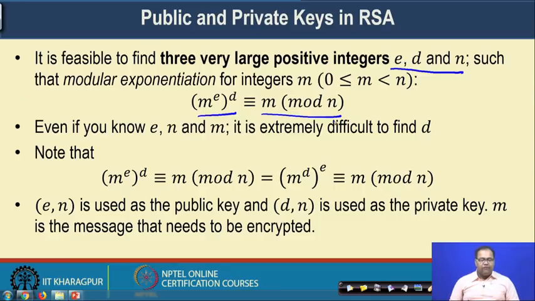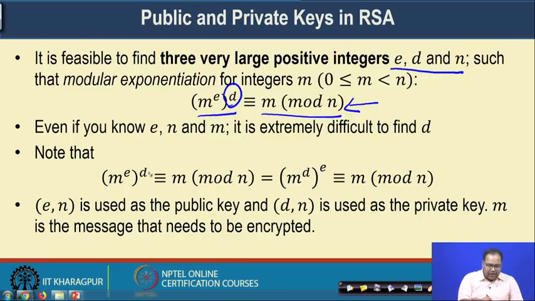In this case, even if you know 3 parameters of this operation, E, N and M, it is always very difficult to guess the fourth parameter. That comes from the discrete logarithm problem, where if you know E, M and N, it is very difficult to find the value of D. Now, one interesting observation of this function is that (m to the power e) to the power d is equivalent to m mod n, which is further equivalent to (m to the power d) to the power e mod n.